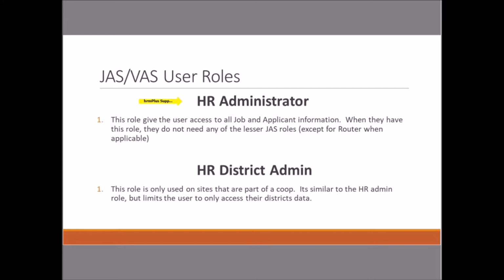Whether it be the volunteer portal or the jobs portal, that whole tab, job requests, applicant search, reports, anything on that tab, they have access to. They also can see any of the confidential information. If someone has the HR administrator role, they don't need any of the lesser JAS roles except for router, if they're a router. And we're going to talk about those lesser roles in a minute.